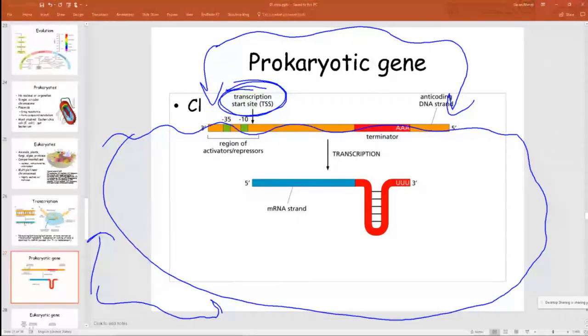So that is a sort of signal for the RNA polymerase molecule to start its transcription process. So when the RNA polymerase binds to DNA, it doesn't just start transcribing. It will first scan. Once it hits this transcription start site, then it will start producing the RNA molecule. Make sense?